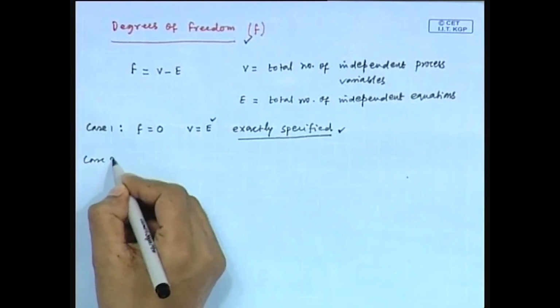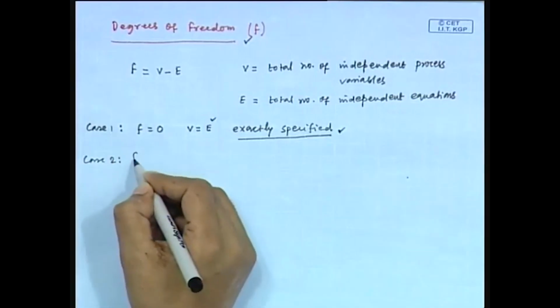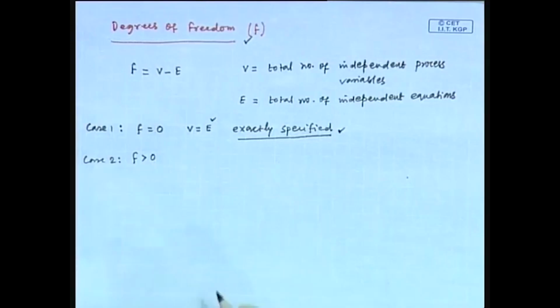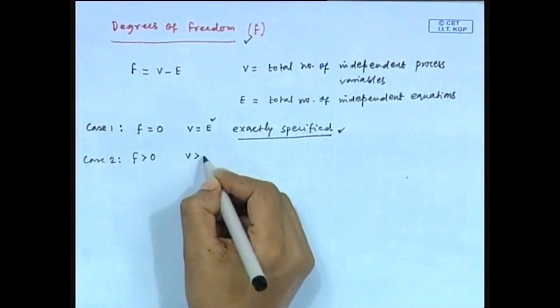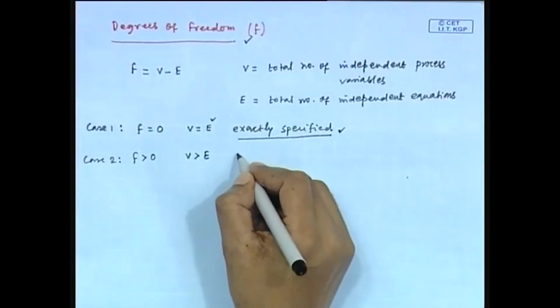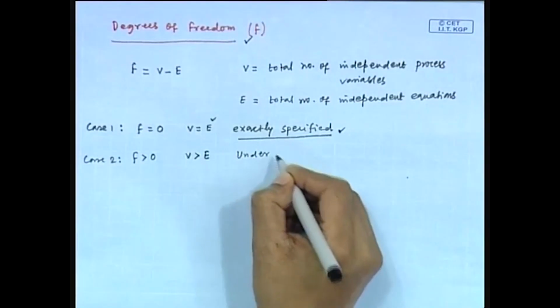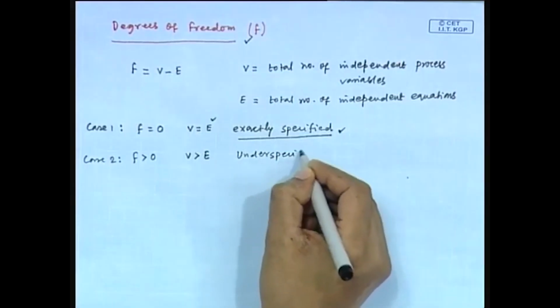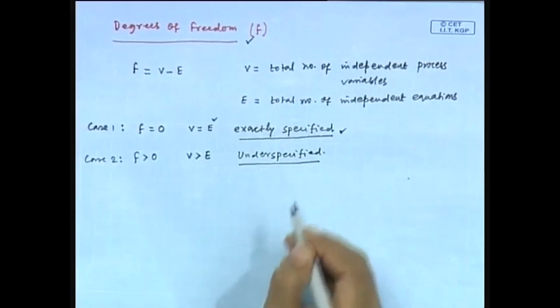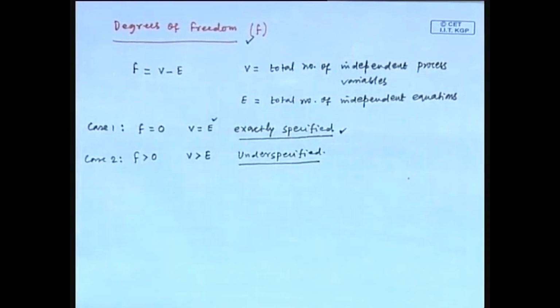In the second case, we will consider F is greater than 0. That means V is greater than E. Fine. So, in this case, the system is called underspecified. How can we make it an exactly specified system?